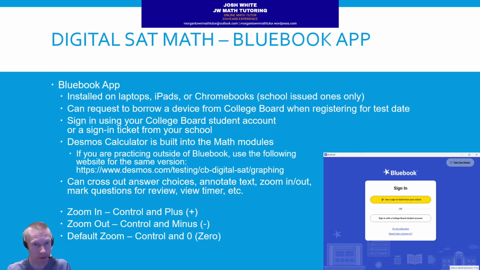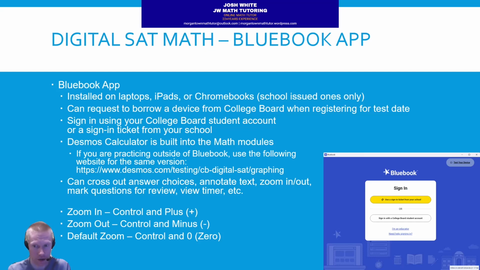Now, if you don't have a device to take the digital SAT exam, you can request to borrow one from the College Board when you register or sign up for your test date. You just have to make sure you select that option during the registration process. Then what you're going to do is load the Bluebook app.